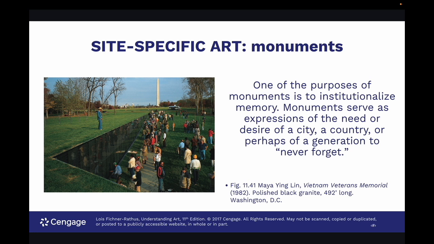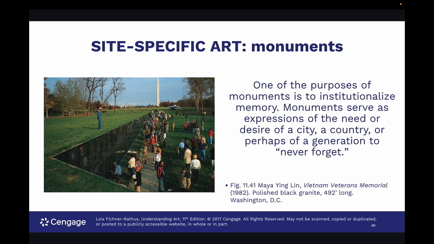The names of the people inscribed on the black granite are placed in the order in which they died instead of being alphabetical. So there's a book that you can look up someone's name if you're trying to find them. This one was also highly controversial in that some people loved the design of it and some people really disliked it.